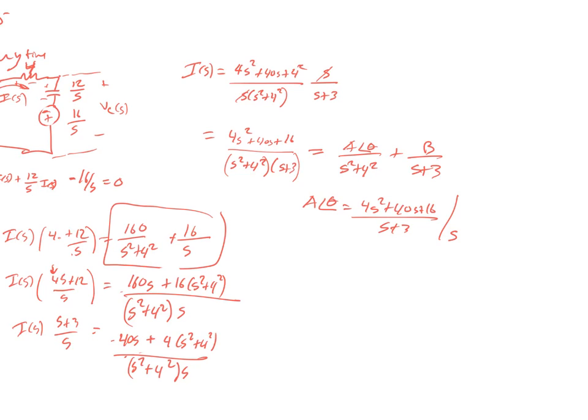Close. 4j. Yeah. Positive 4j, right? Because if it was 2j, then omega would be 2, but omega is 4 in this case. So I have 4j. That's equal to a number. And then b is going to be equal to 4s squared plus 40s plus 16 all over s squared plus 16, evaluated now at s equals minus 3.